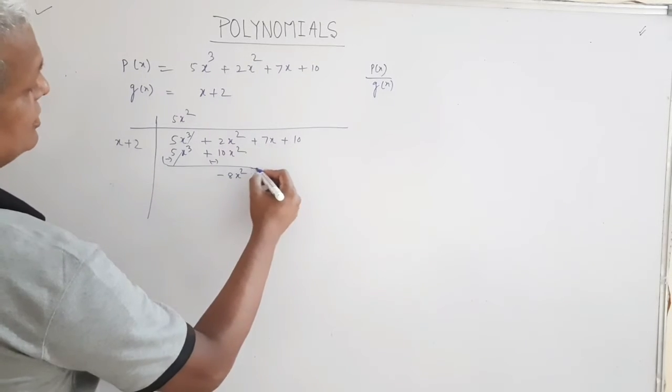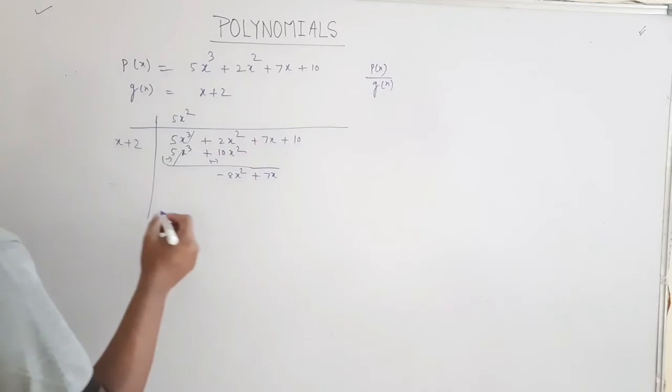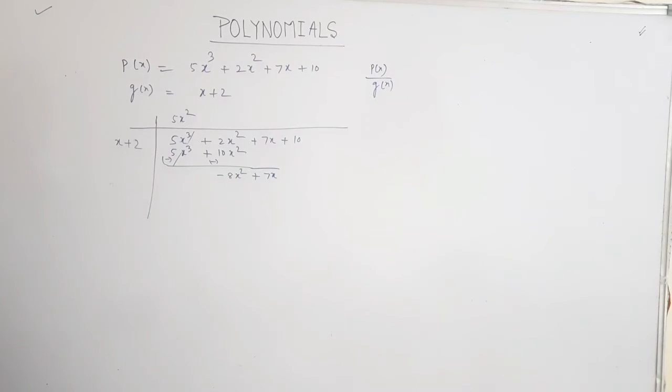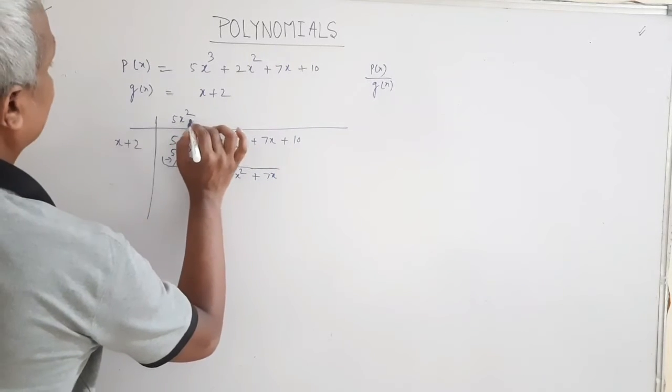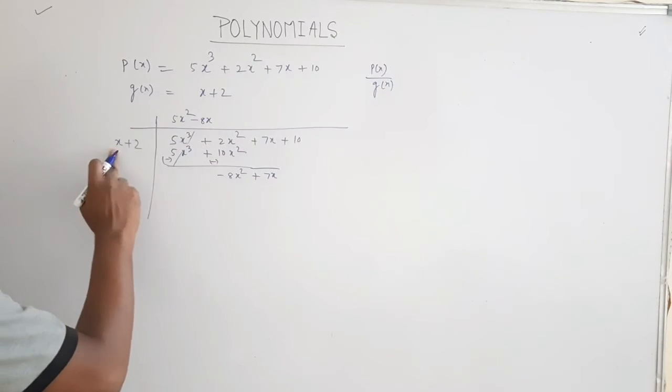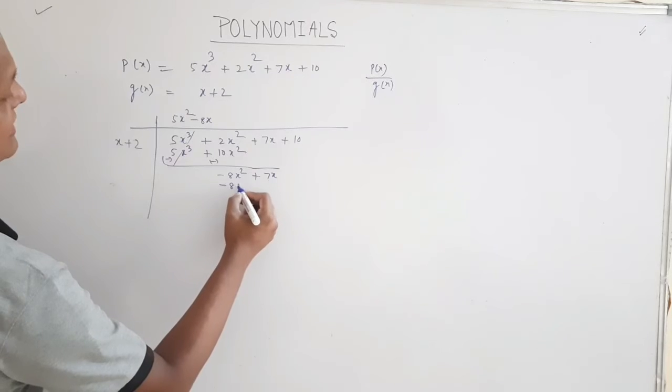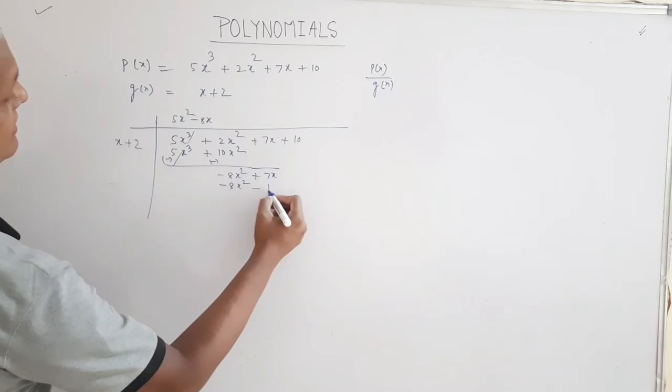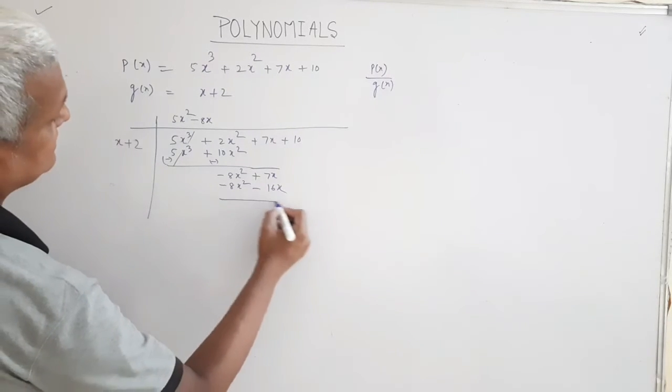Let's get one more term down. This is 7x. Now I have to get minus 8x square. So I'll write here minus 8x. Minus 8x into x is minus 8x square, and this is minus 16.